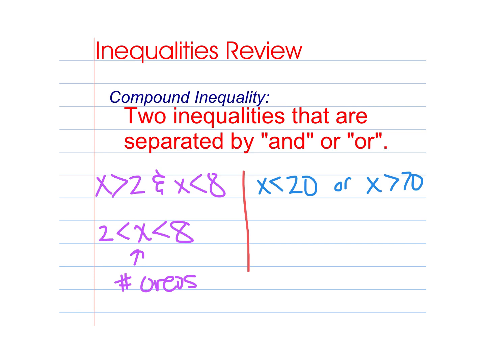Now, the or statement is exactly that. It's going to be one or the other, and I can't have a number that satisfies both. So this is saying x is less than 20 or x is greater than 70, right? We're talking about two totally different sets of numbers, under 20 or bigger than 70. An example might be, what if x is the temperature?